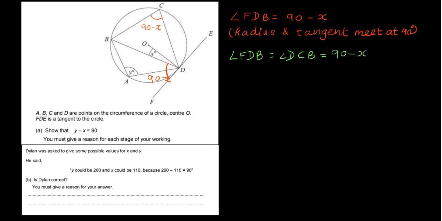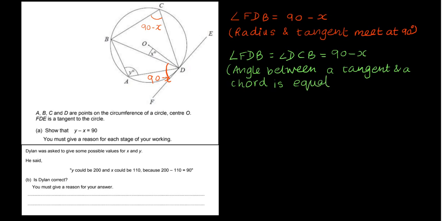And the reason for this is the angle between a tangent and a chord is equal to the angle in the alternate segment.